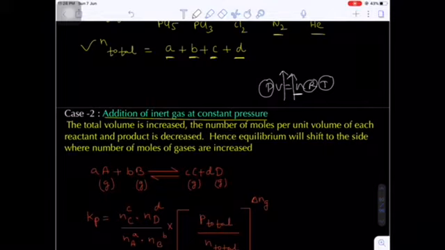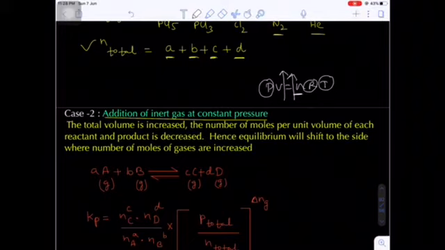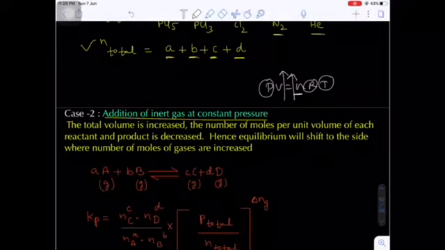That means by addition of noble gases to the reaction mixture at constant pressure, the position of equilibrium shifts to that direction where there is an increase in the number of moles, an increase in the number of gas particles. Because the number of moles increases, the system volume also should increase. So the system will tend to move in that direction where there is an increase in the number of gas particles.